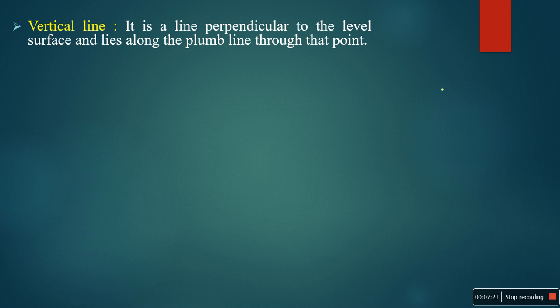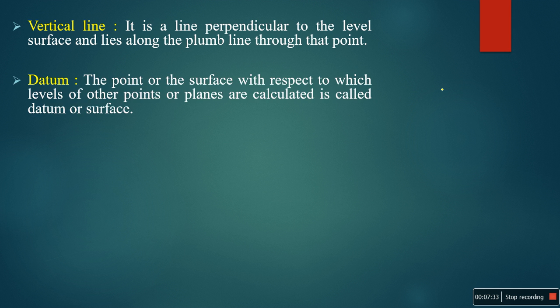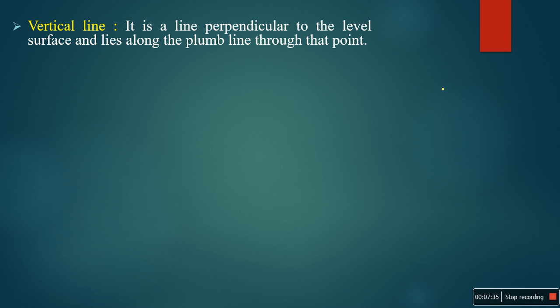Next definition, the vertical line. It is a line perpendicular to the level surface and lies along the plumb line through that point. Okay, so I will show it again, considering the surface of the earth. This is our level surface.